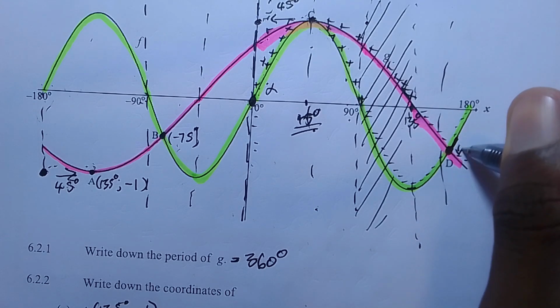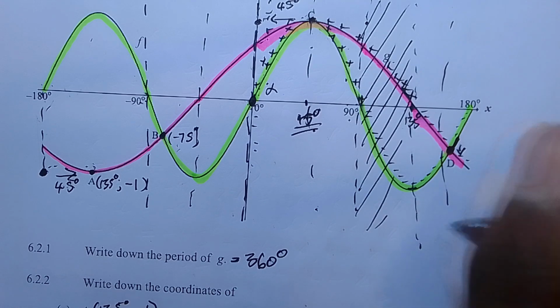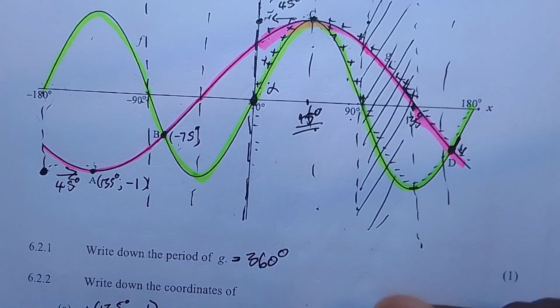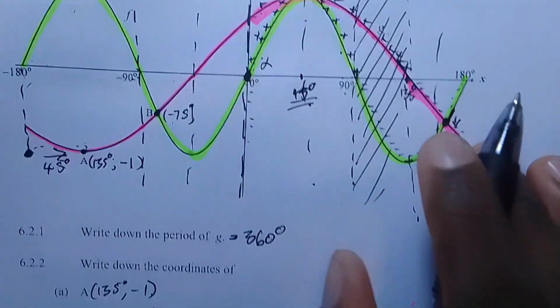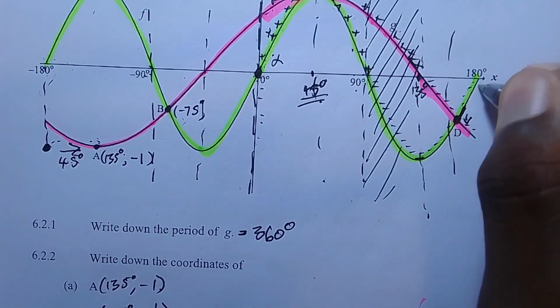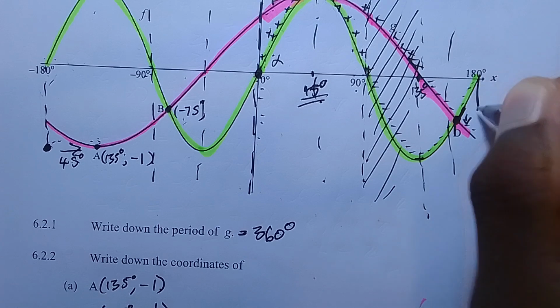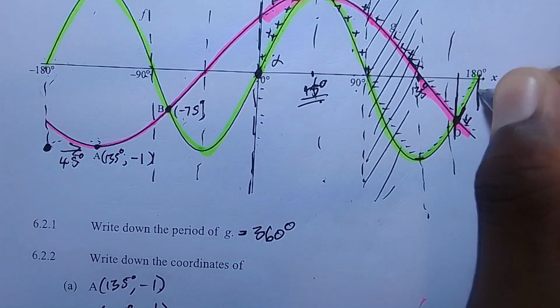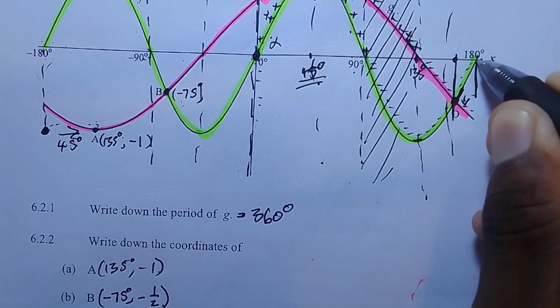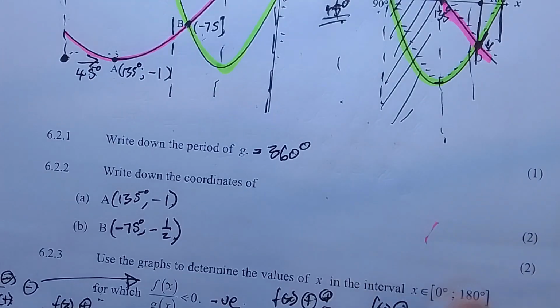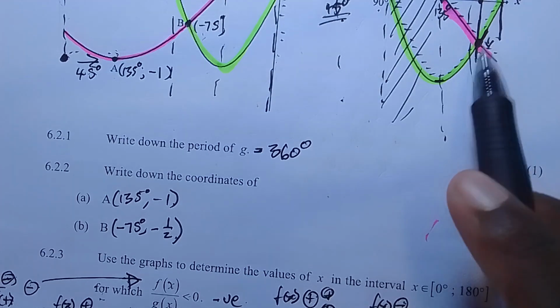You see g of x is at the bottom now. That's exactly what we wanted, because we wanted f of x to be greater than or equal to g of x. So from here to 180, that's the second range we want, and we don't know what the point is here. So what are we going to use to find the coordinates here?